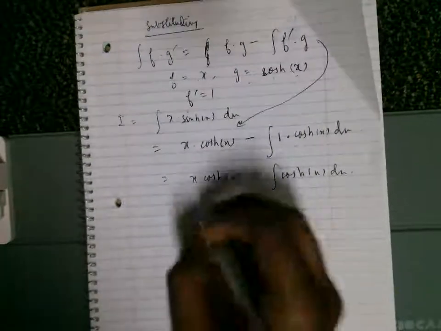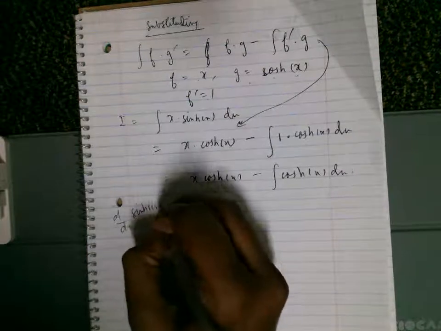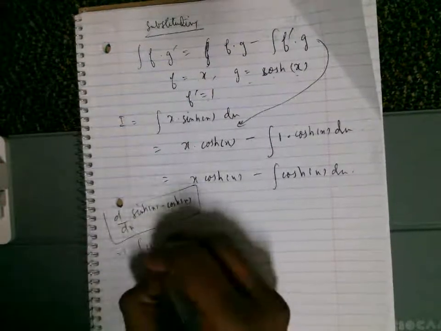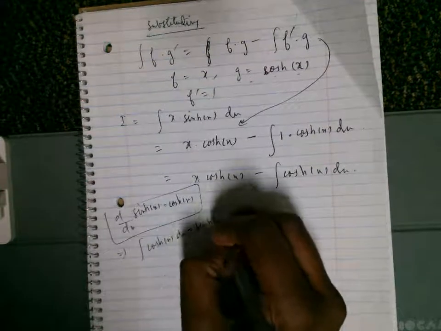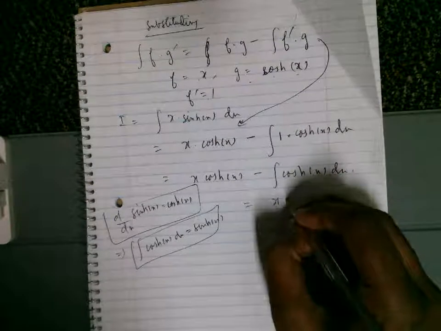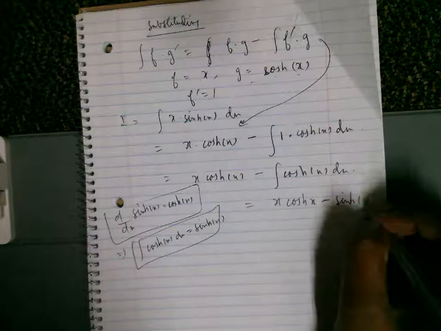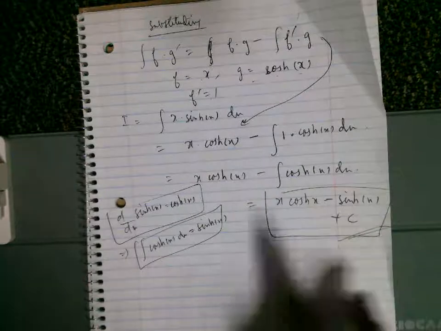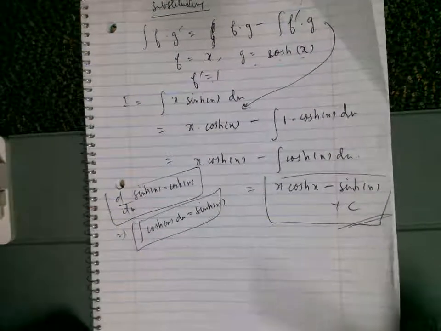We know that the derivative of sinh of x is equal to cosh of x, so the integration of cosh of x dx is equal to sinh of x. So this is equal to x times cosh of x minus sinh of x plus c. This is our final answer, simply done using integration by parts.